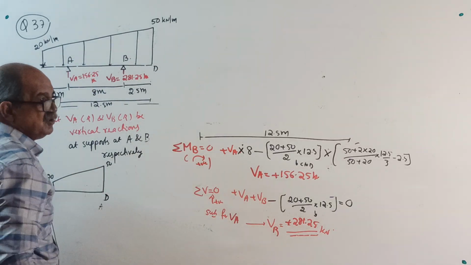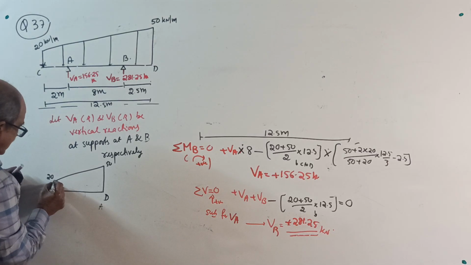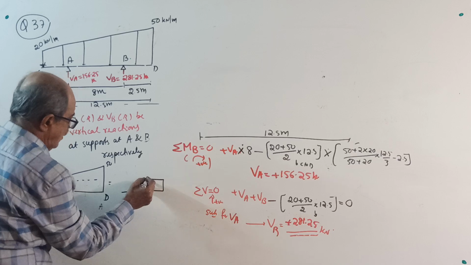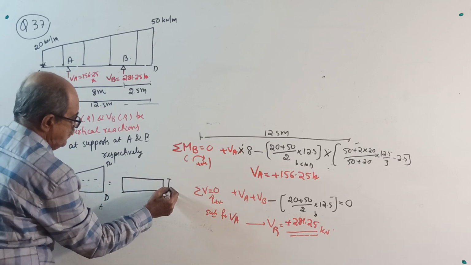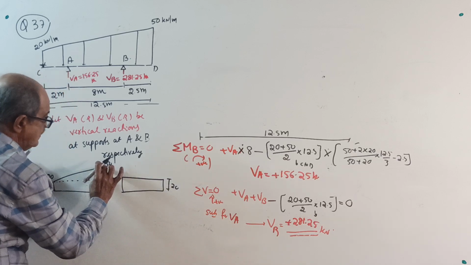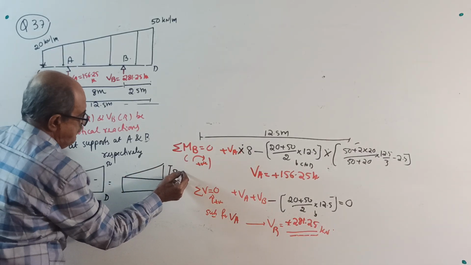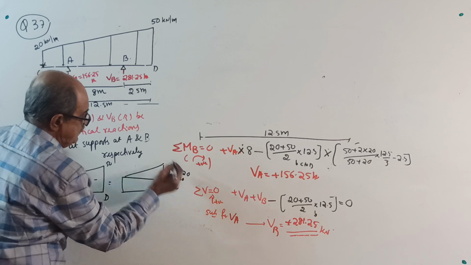You write 20 kN per meter all. Then divide into parts. It will become one rectangle of 20 here, and this extra triangle of 50 minus 20 equal to 30.